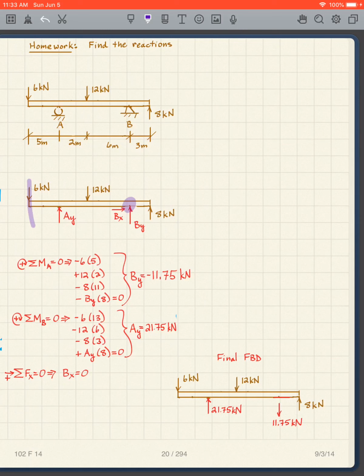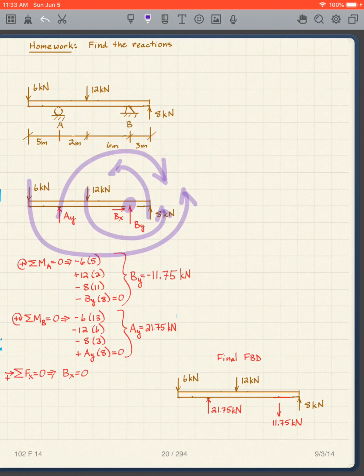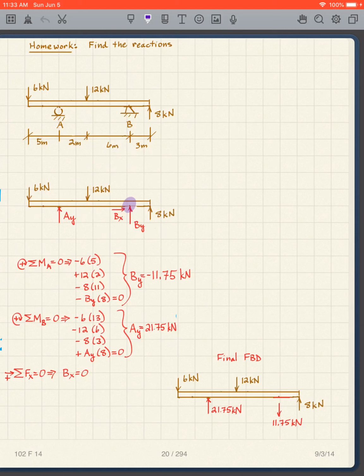And then the signs: counterclockwise, negative. Clockwise, positive. Counterclockwise, negative. Counterclockwise, negative. So those are all the signs.